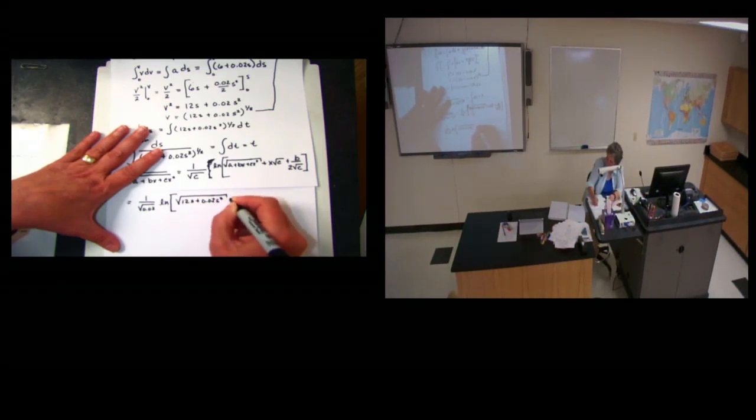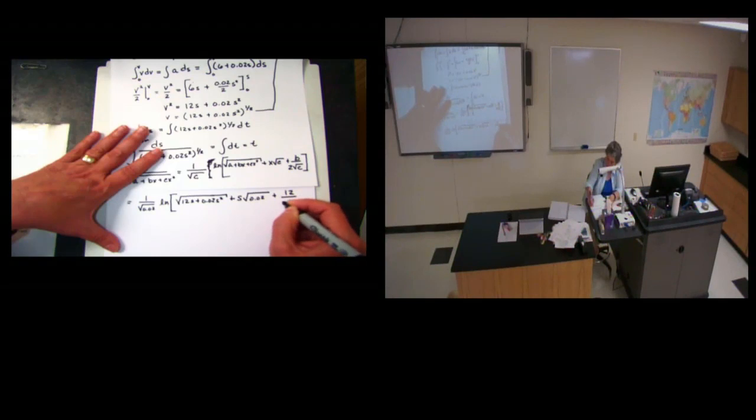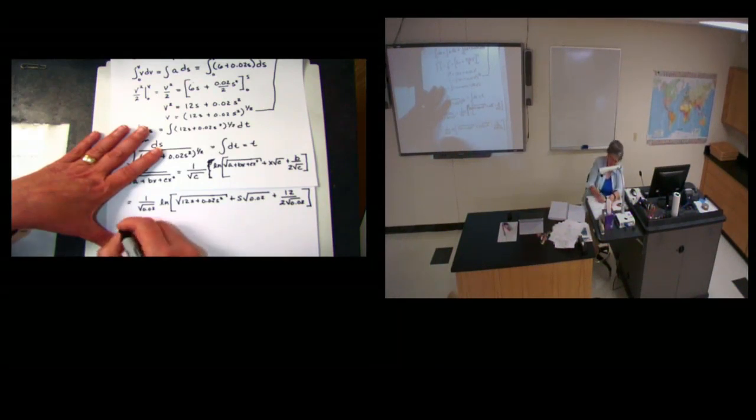So I'm going to start with ds is equal to my velocity times my change in time. On that equation, is that v minus ks? What is k? It's just a constant.